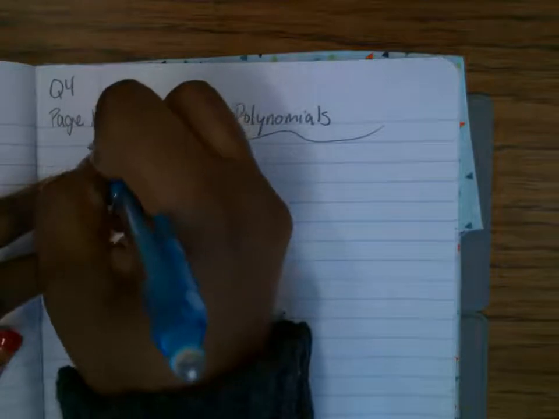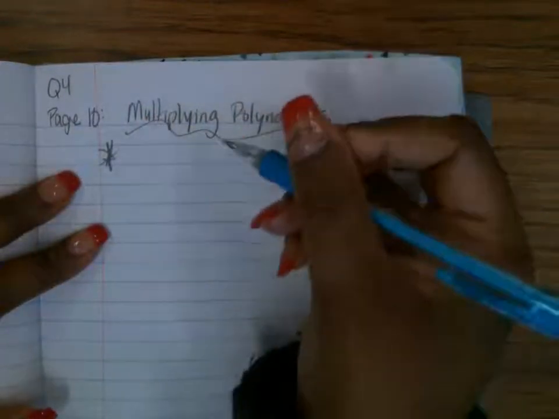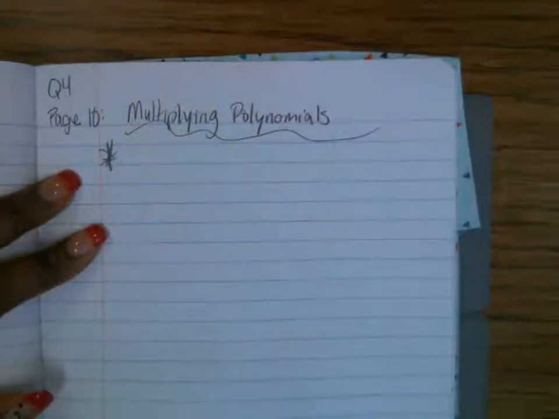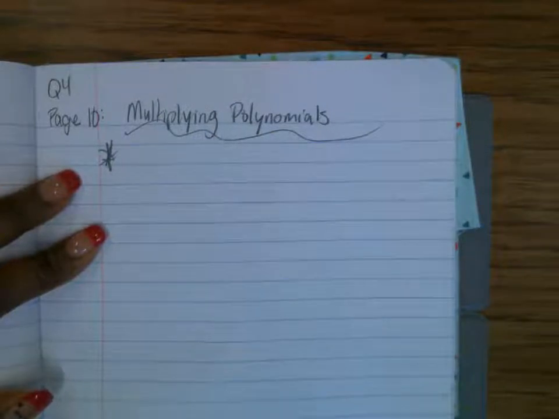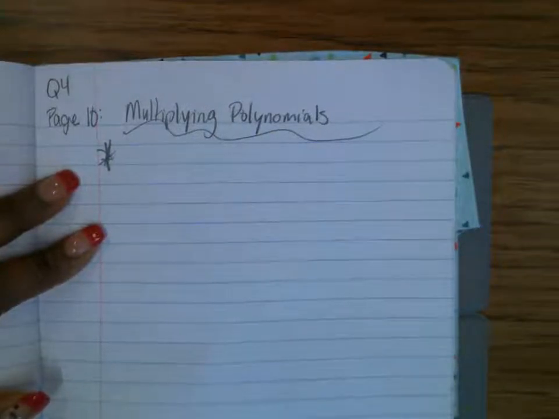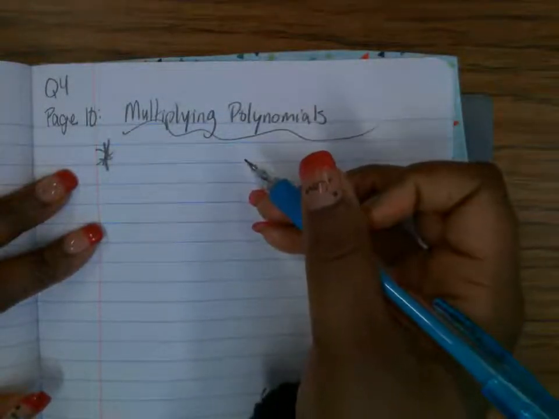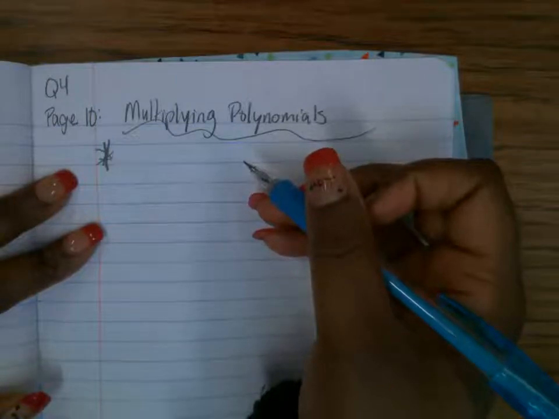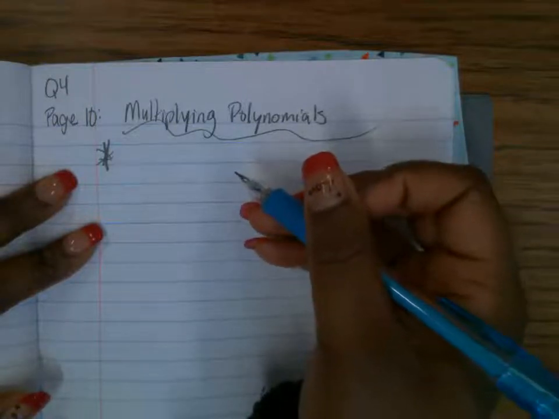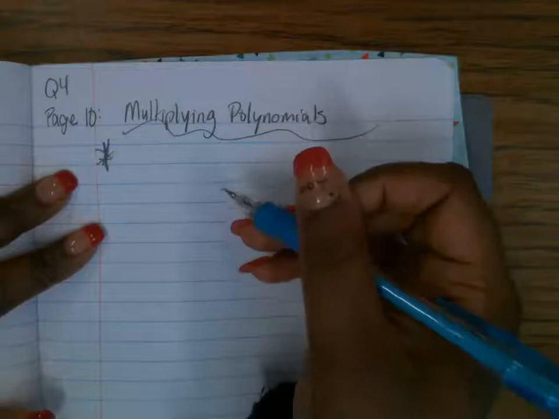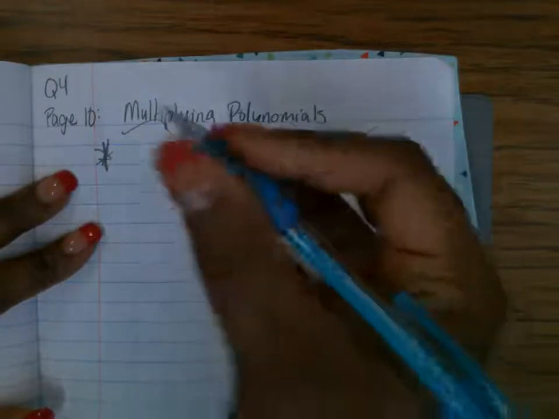We are going to use distributive property to multiply polynomials. Now, there are so many ways to do this, and you'll learn other ways in math too. But due to lack of time, we're only going to do one method this year, which is going to be just distributive property. You'll probably do box method. If we have time, we'll go through some other methods, but if we don't, we're just going to stick to distributive property, okay?